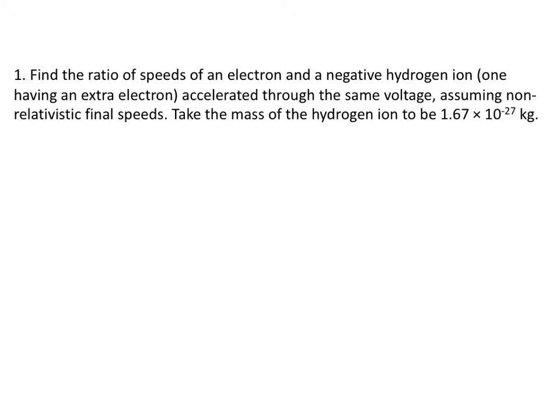So basically, hopefully you remember from a previous installment of this show that the kinetic energy will end up equaling charge times voltage, the big V for voltage. So for the electron, if this is the kinetic energy of the electron, we're going to have 1/2 the mass of the electron times the speed of the electron squared equals QV.